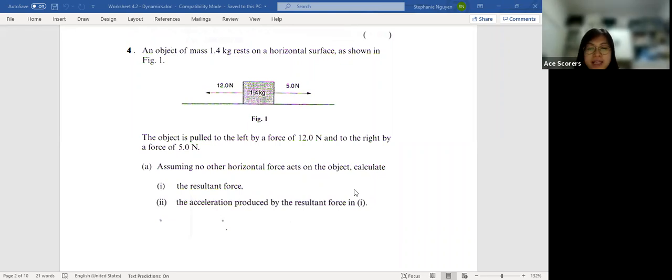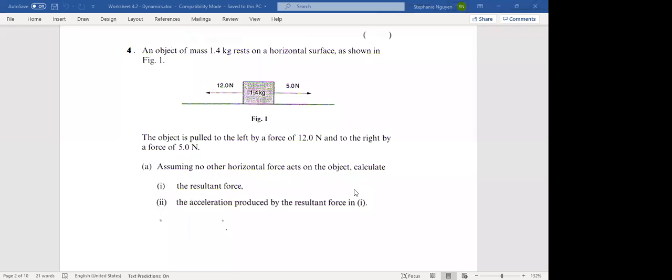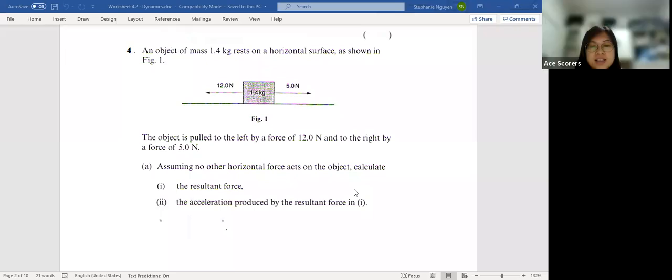Did you have 5 meters per second squared? Yeah. So that's the answer for this. Okay, so 5 meters per second squared. Let me jot it down.